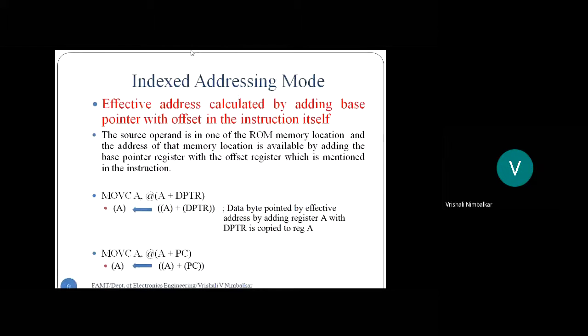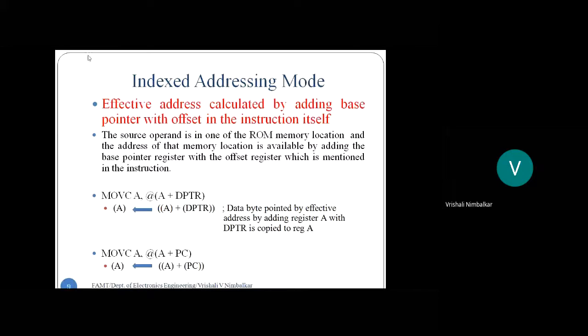Please note this. So index addressing mode is referred only with ROM or program memory data transfer. Right? And what is that index addressing mode? The effective address is calculated by adding one base pointer register and one offset register.